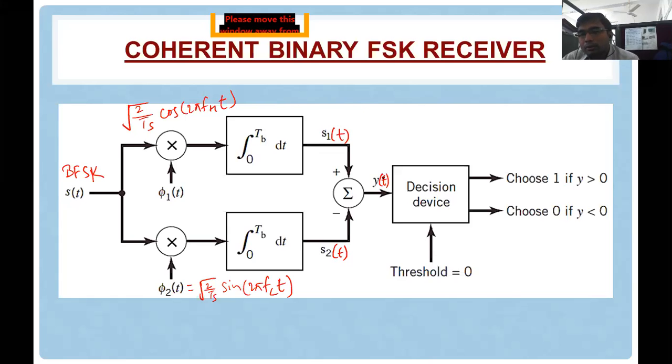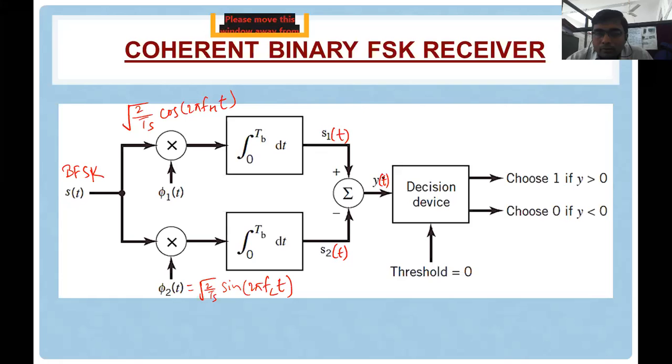If y(t) is greater than 0, the threshold level, we say it is a binary 1, and if it is less than 0, we say a binary 0 has been detected. In this way we detect the actual data that we transmitted through the BFSK transmitter.